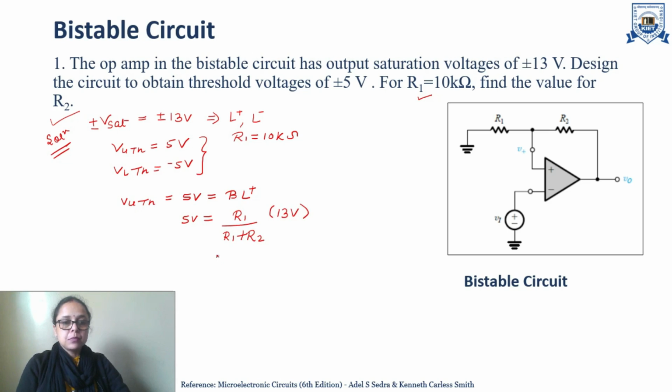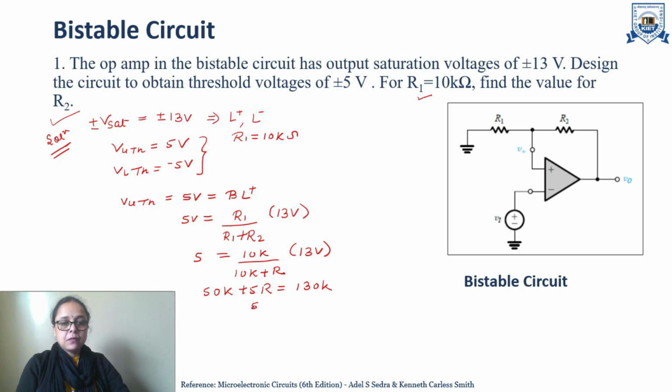Putting in R1, it will be 10k divided by 10k plus R2, times 13 volts, equals 5 volts. If we solve this equation, it will be 50k plus 5R2 equals 130k.